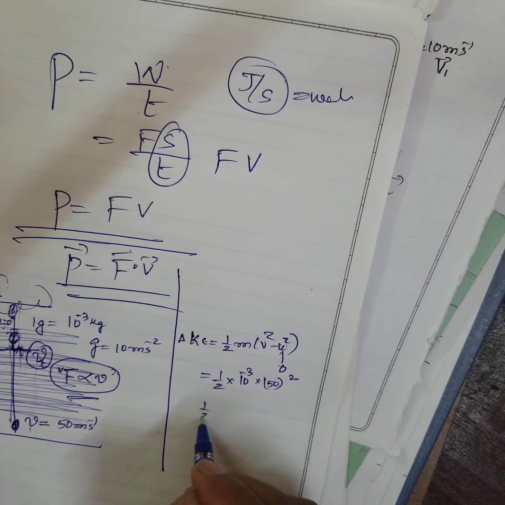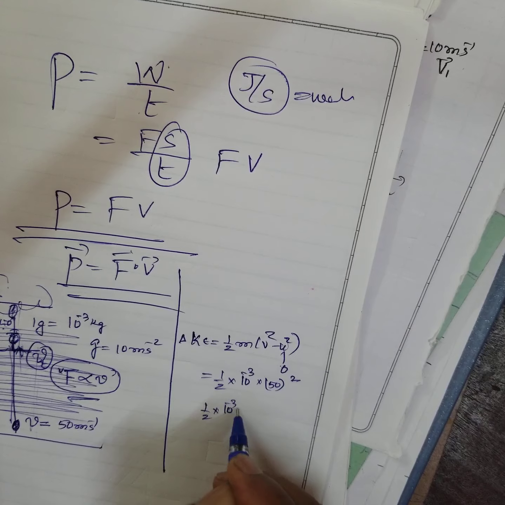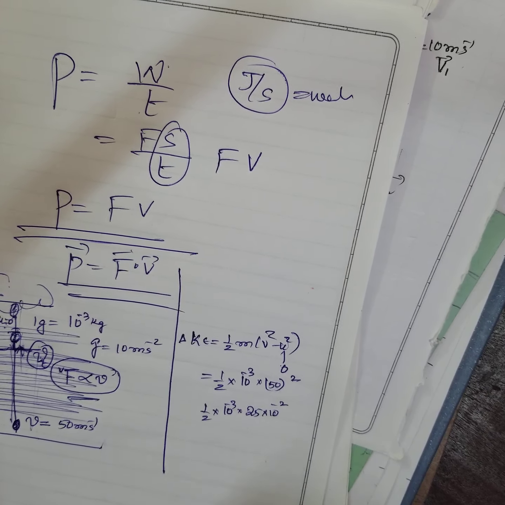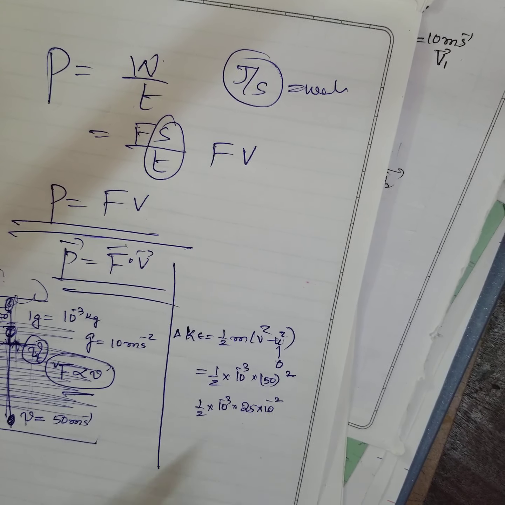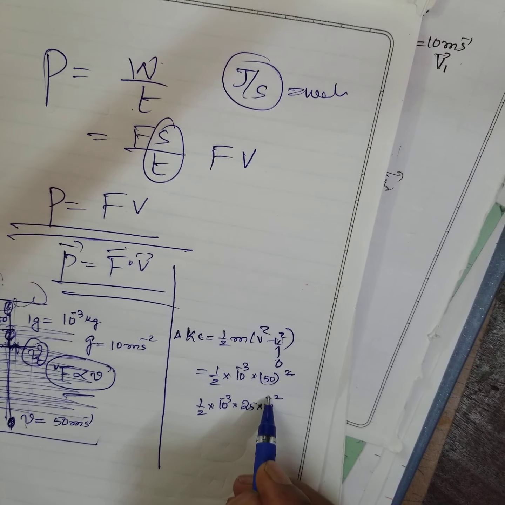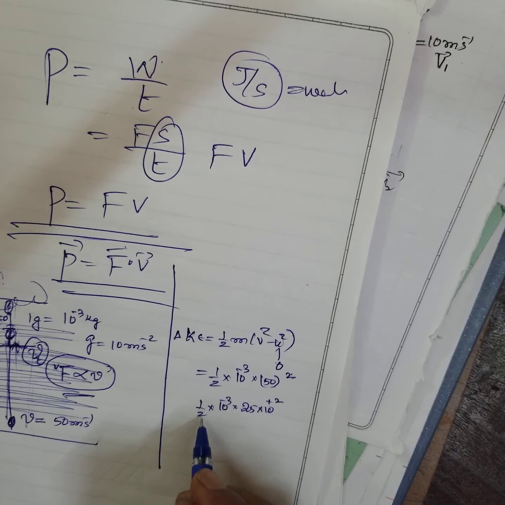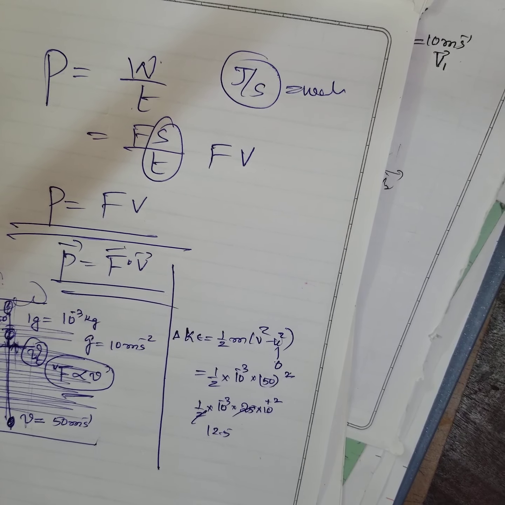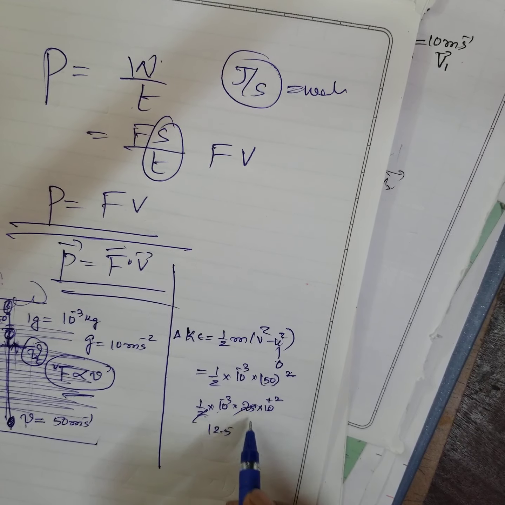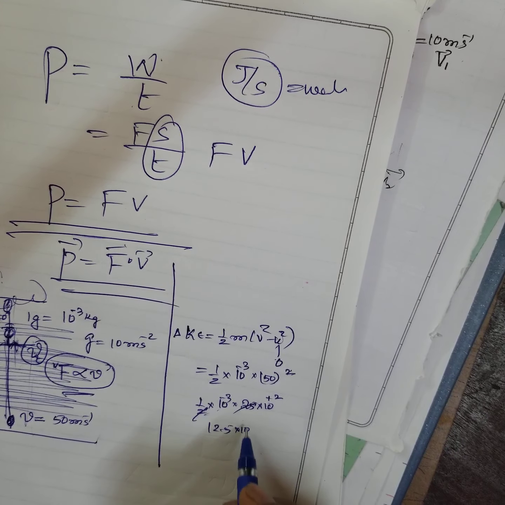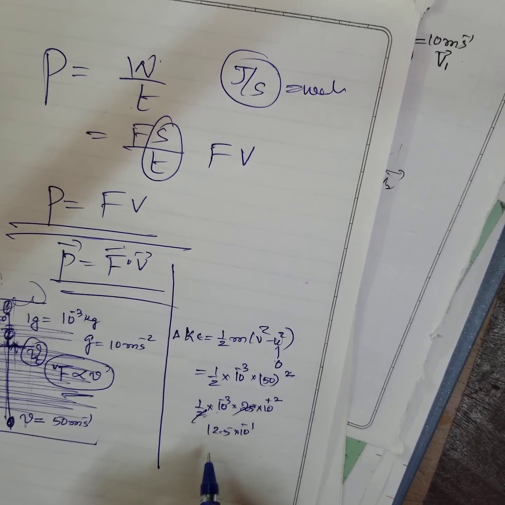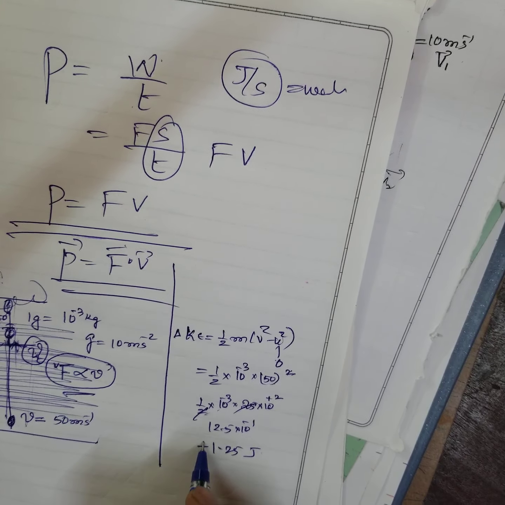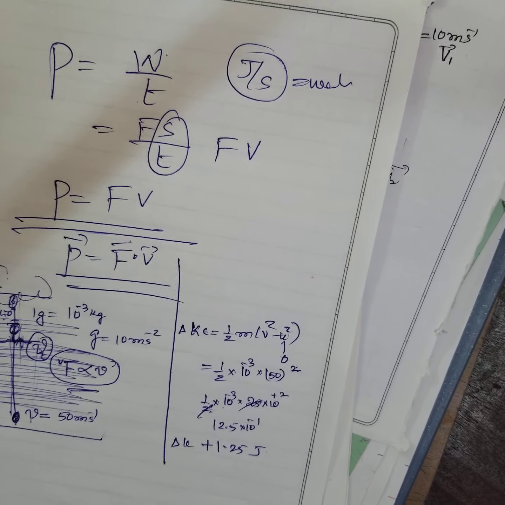That means half into 10 to the power of minus 3 into 25 into 10 to the power of 2. Understood? 10 to the power minus 3 plus 2. Therefore, this is 12.5 into 10 to the power of minus 1, or 1.25 joules. This is the change in kinetic energy.